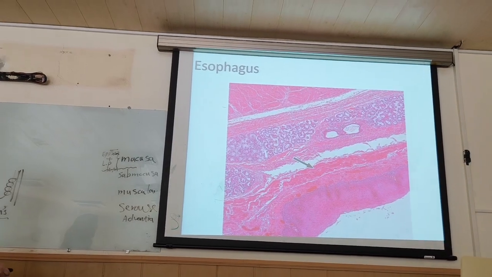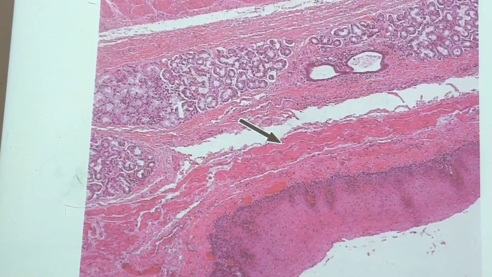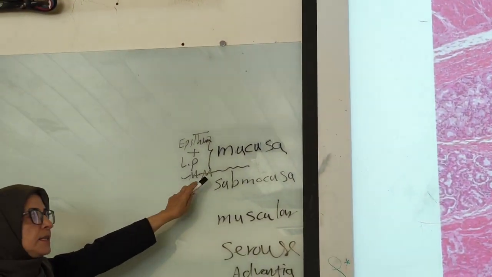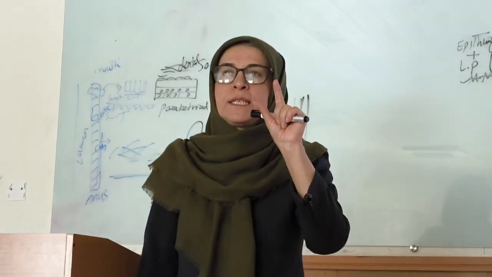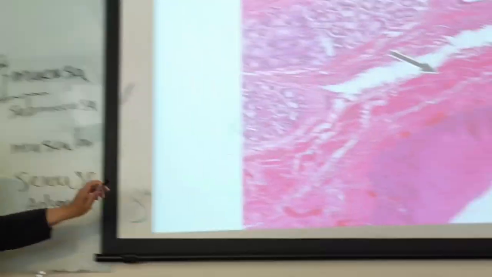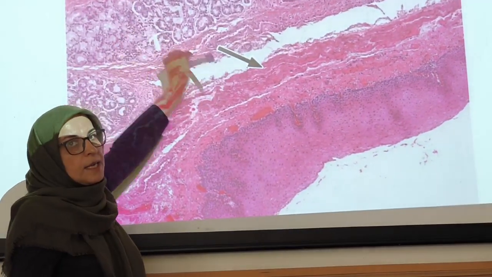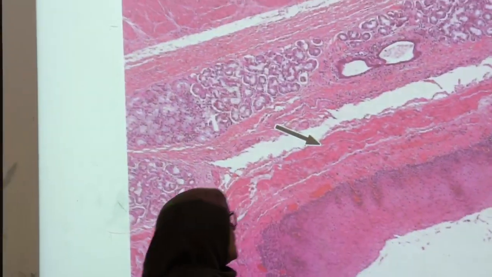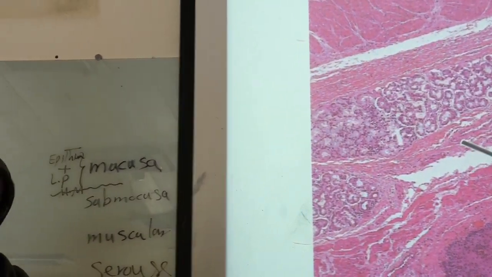In another picture, we have the mucosal layer, submucosa, and this is the muscularis mucosae. It is a very thin layer of smooth muscle. The muscularis mucosae is a type of smooth muscle that separates the mucosal layer from the submucosal layer. And in the submucosal layer, you can find the esophageal glands as mucous glands.